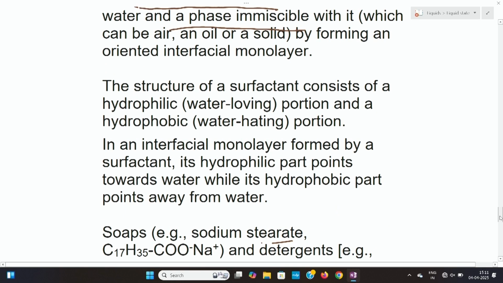When we clean our cloth using surfactants, what will happen? The hydrophilic part of this surfactant will attach to the water molecule and the hydrophobic part will attach to the grease or oil which is there in our dress.